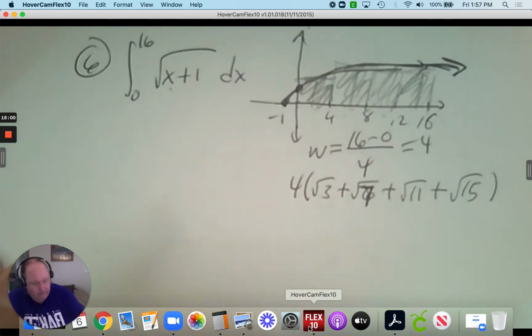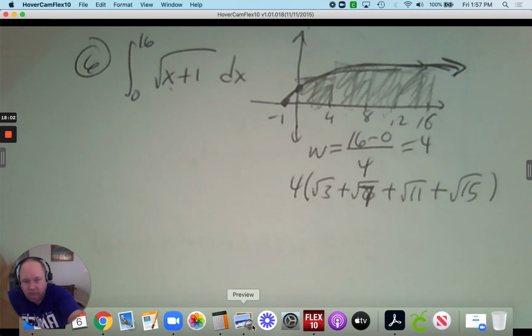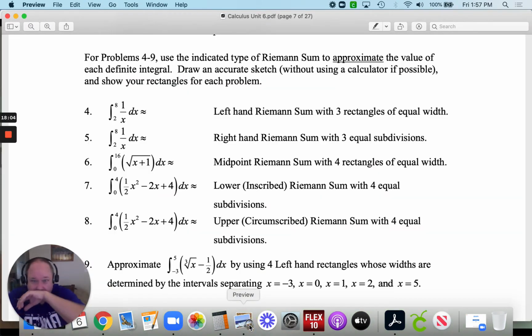Number 7. So I'm integrating from 0 to 4, 1/2 x squared minus 2x plus 4. I'm going to tell you a quick way to graph this.